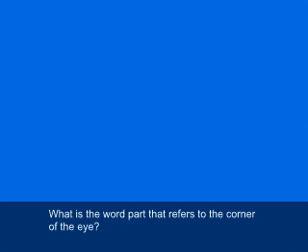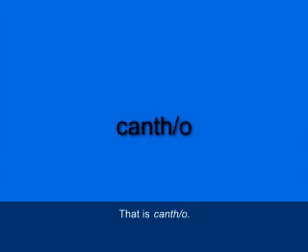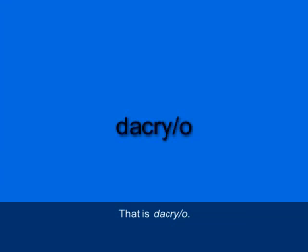And what is the word part that refers to the corner of the eye? That is cantho, CANTH/O. And what is the word part that refers to a tear? That's dacryo, DACRY/O.